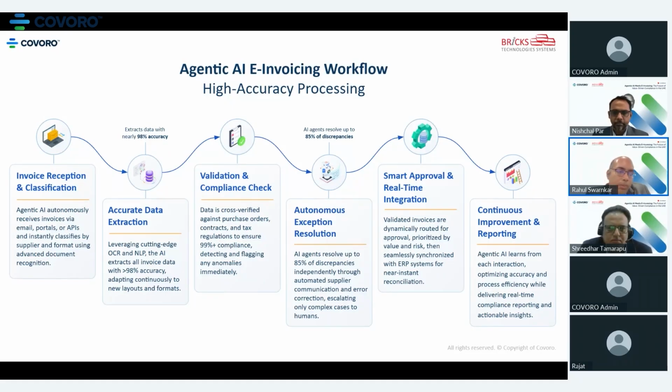maybe identifying the pattern and suggesting that this is probably a human mistake, this is what the exception means, and if you approve, then the invoice will go through the next steps and so on. Then for the approval workflow, whatever you need to do, along with real-time integration with your ERPs and other approval mechanisms or source systems, and then based on the gaps you have identified, continuous process improvement, and then post-approval reporting to the regulatory authority.